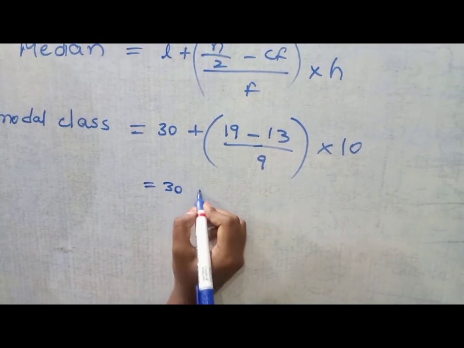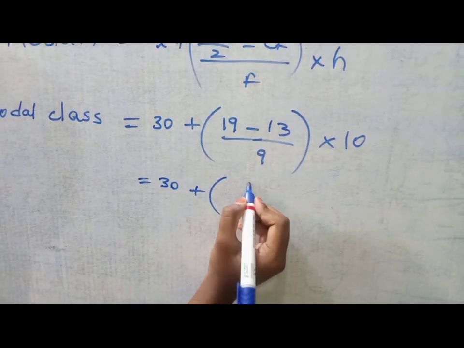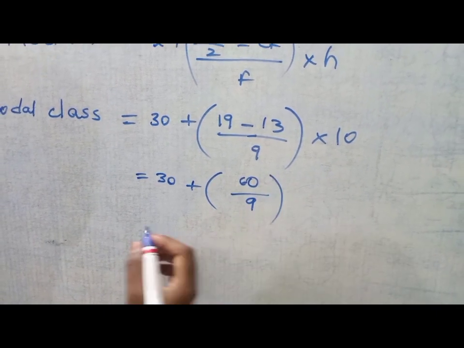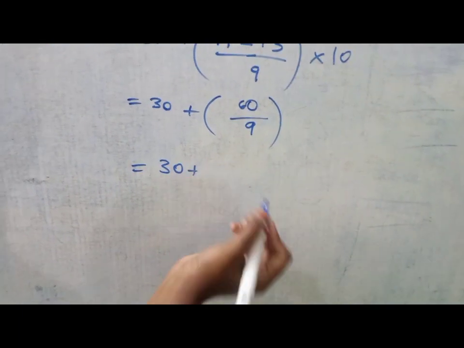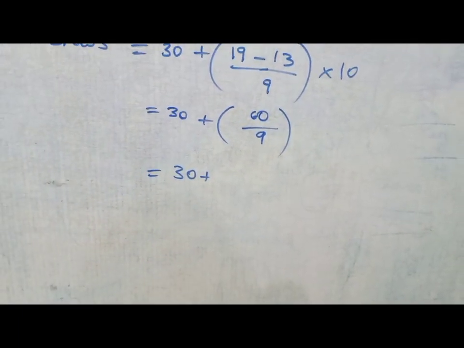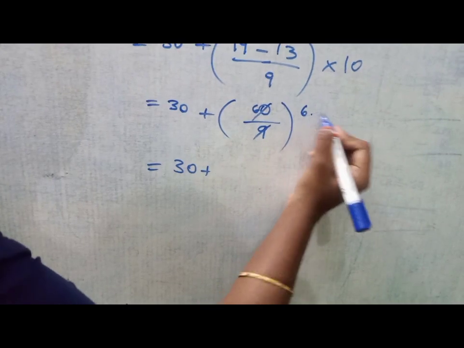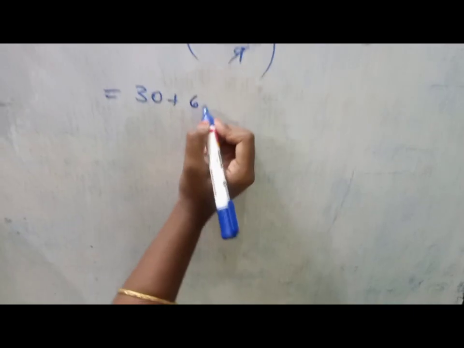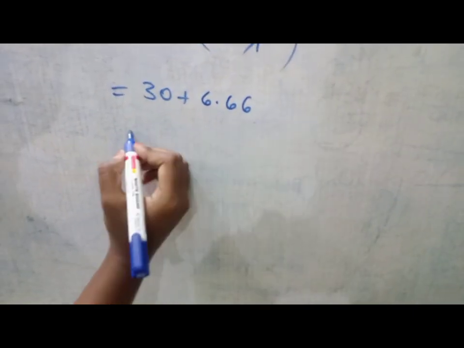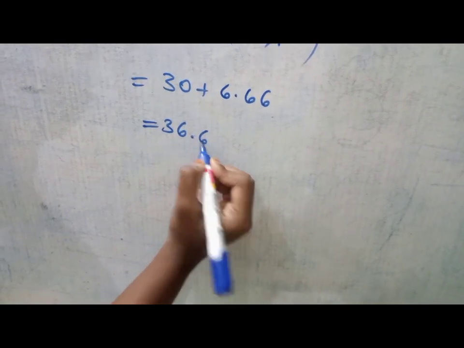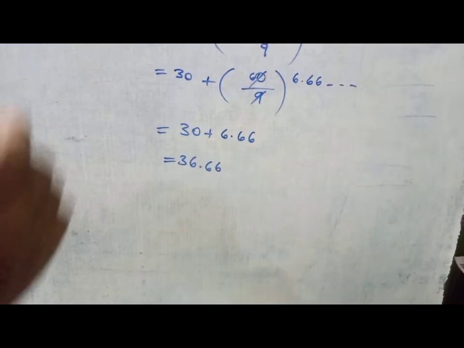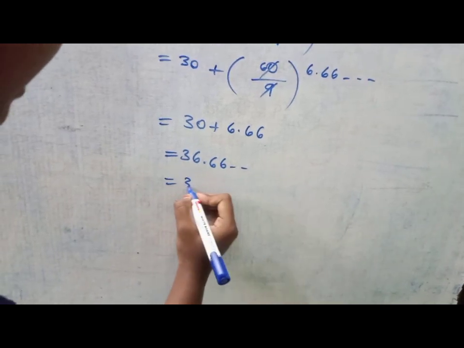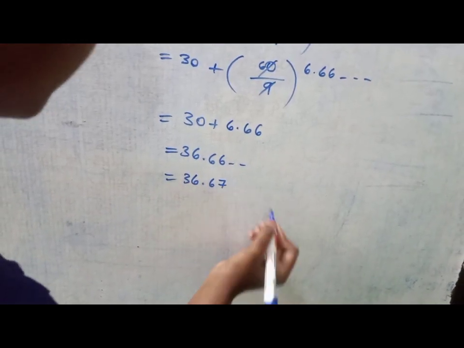So 30 plus 19 minus 13 is 6. 6 into 10 is 60. 60 by 9. 30 plus 60 divided by 9 is 6.666 and it goes on. So 30 plus 6.66 is 36.66. Instead of writing 66, we can take it as 36.67.